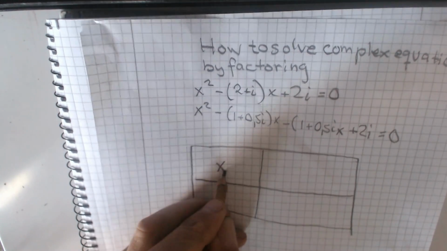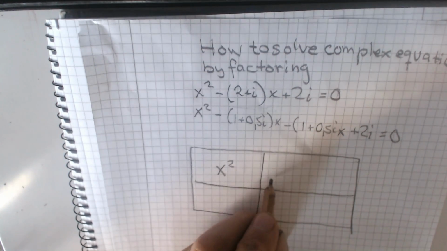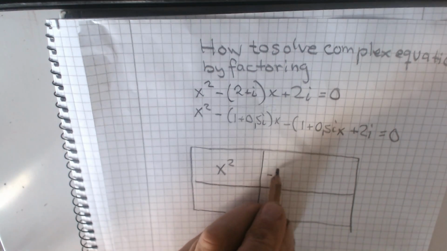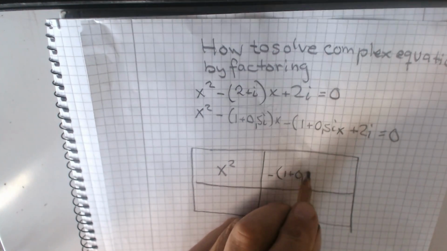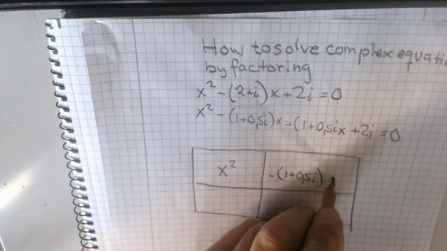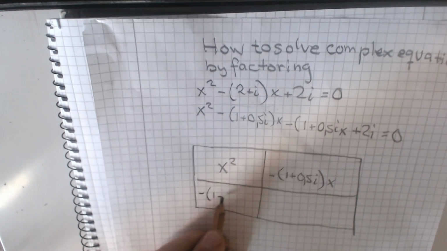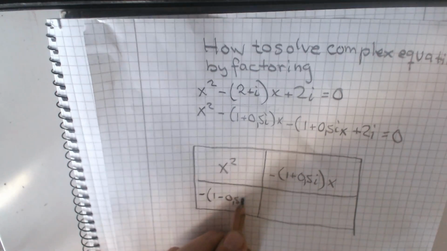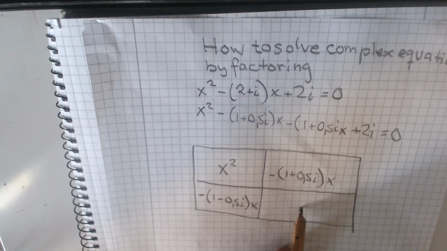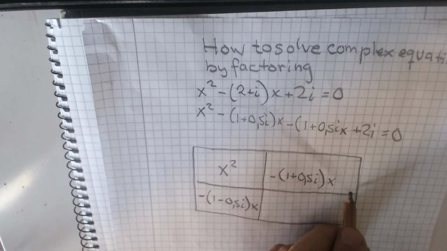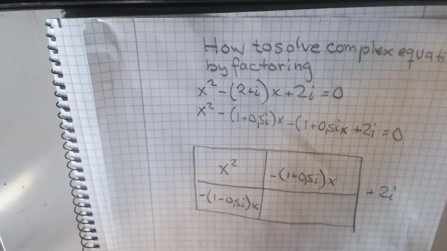So x squared is that. And you put minus (1 plus 0.5i) times x, minus (1 minus 0.5i)x. You leave the fourth rectangle empty and you put 2i outside, like that.